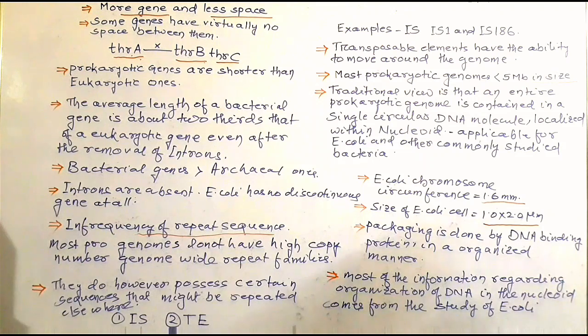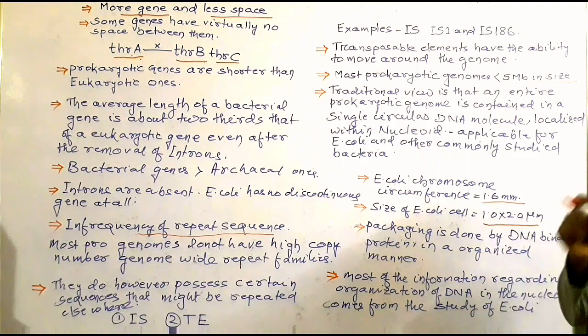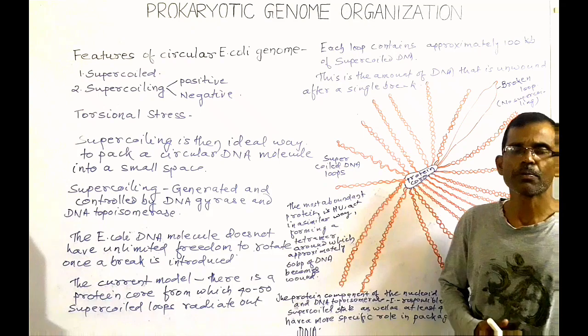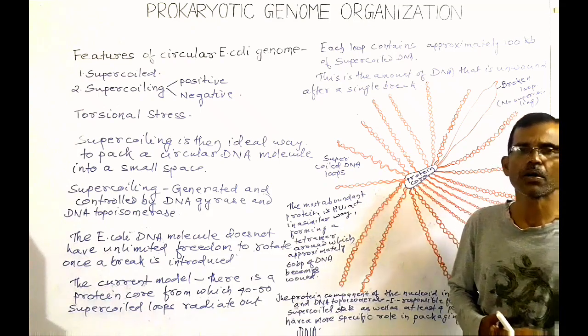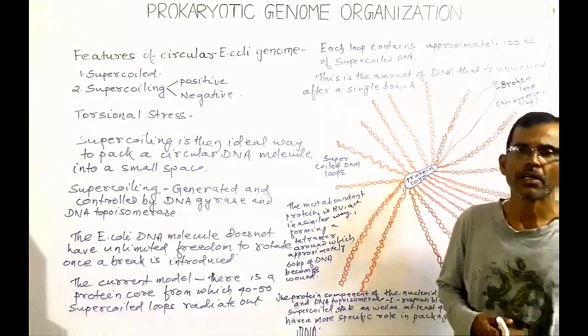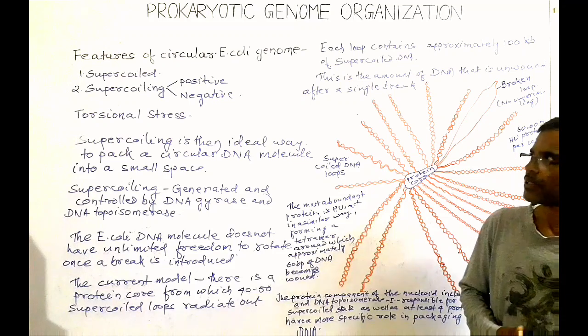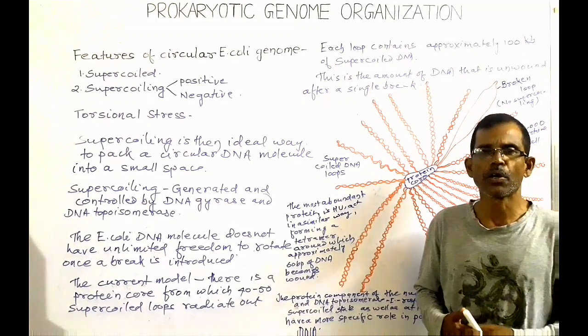Specific DNA binding proteins help in the packaging of the E. coli genome so that the genome will fit into a very small space within the E. coli cell. Most of the information related to the organization of DNA in the nucleoid comes from the study of E. coli. In E. coli, the genome is supercoiled.